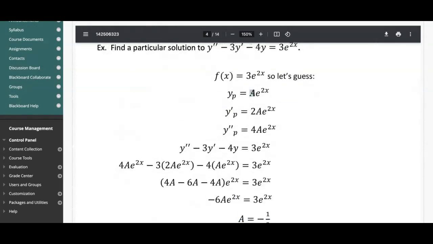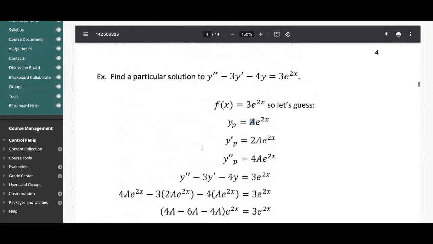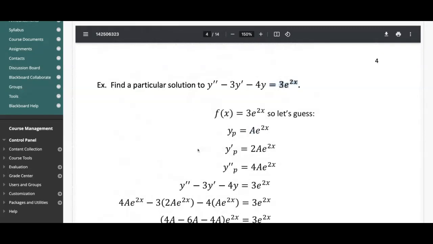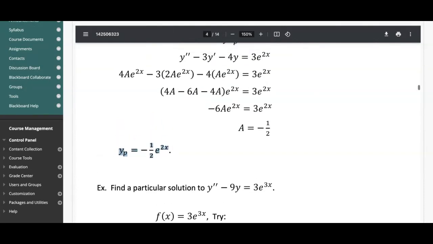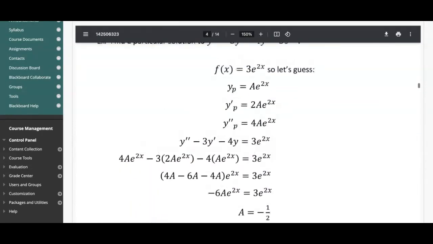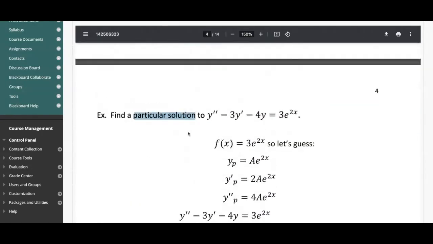There's no b, just one term, just 3e to the 2x. So a particular solution is negative half e to the 2x. For this one, we just want to find a particular solution to this.